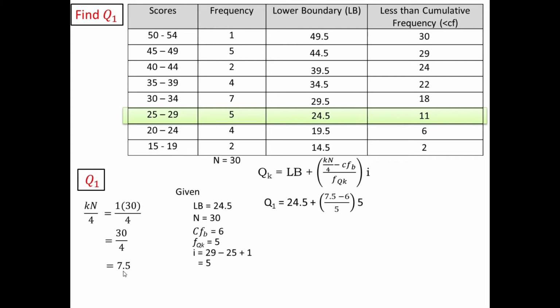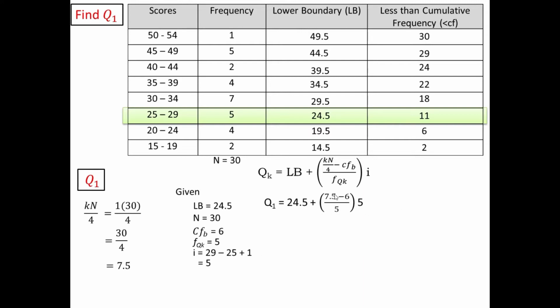So, pwede mo na kagad i-rekta substitute yon. So, sinubstitute na kagad 7.5 minus si cumulative frequency before the quartile class is 6. Si frequency of the quartile class is 5 base sa ating given, so sinubstitute. At yung ating interval na 5, sinubstitute din as 5.